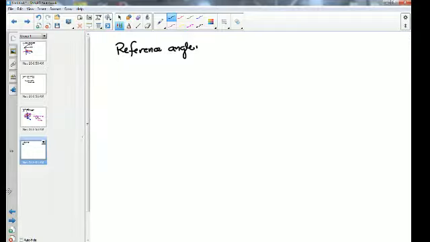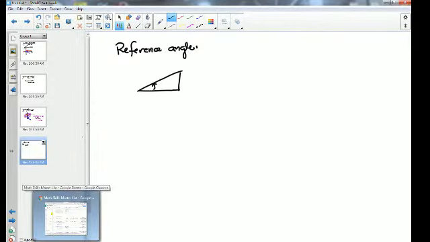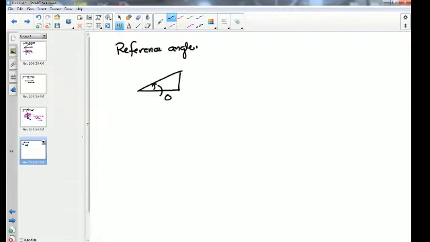With right triangle trigonometry, you're always working on a triangle, correct? With sine, cosine, and tangent, this angle has always been between 0 and 90 degrees, right?